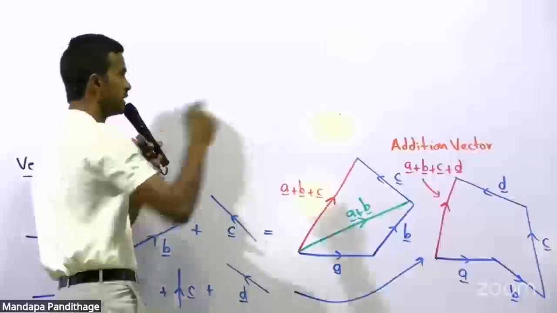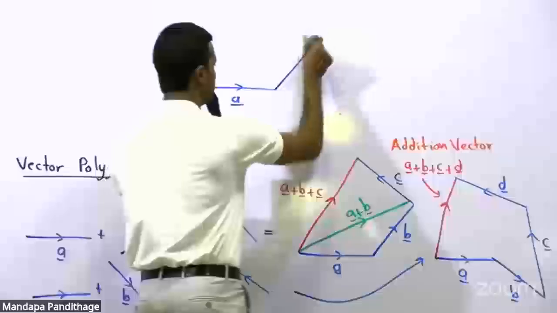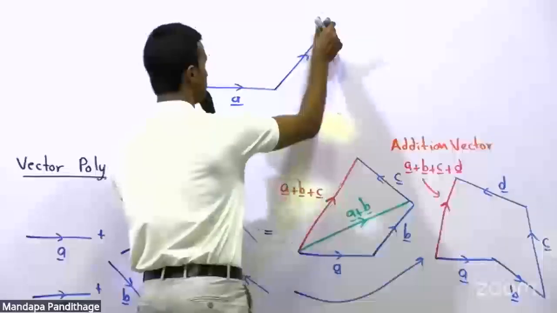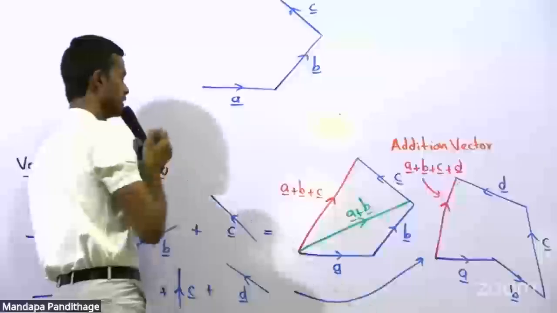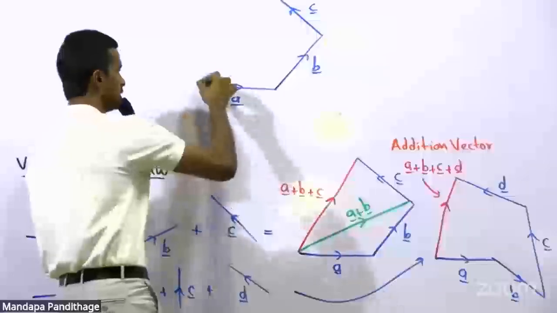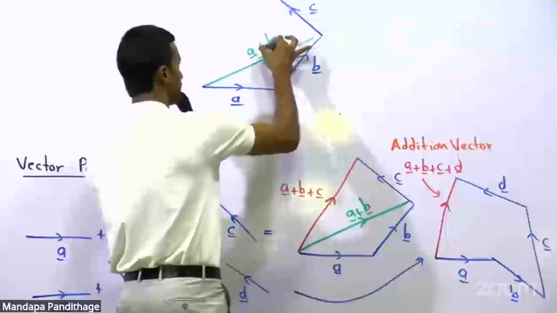Because it's clear, if we have this A and B and then we have C, what happens first here is A plus B gives you the A plus B vector according to the vector triangle law.